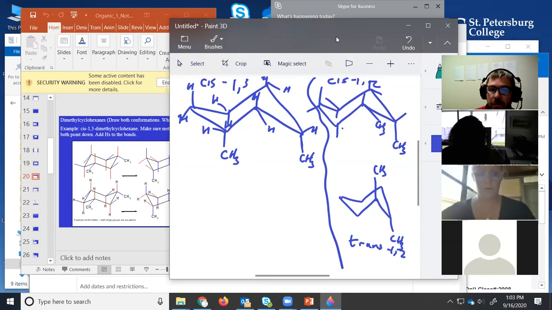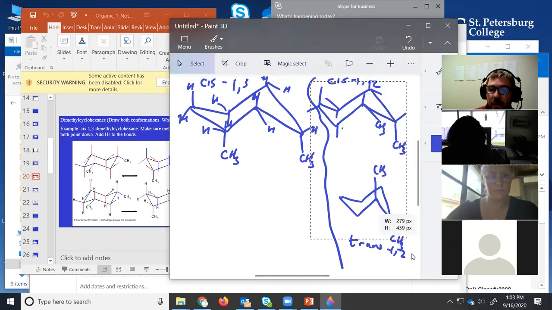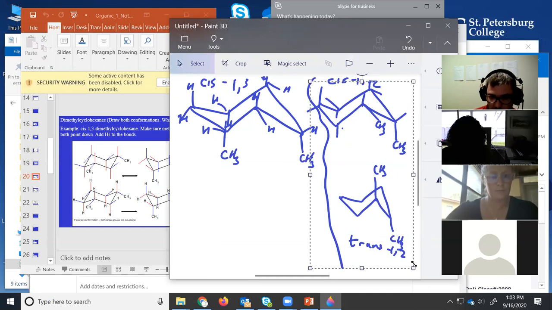And it doesn't matter if you choose up or down for the cis? No, as long as they're both pointing in the same direction. But I'll delete this now just because I don't want it to be a confusion anymore.